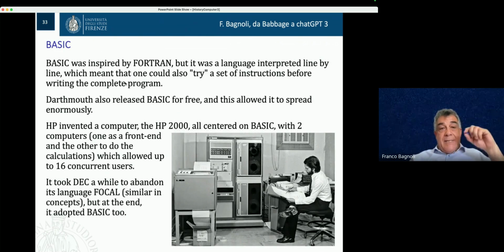And so BASIC is essentially almost Fortran, no? But instead of being compiled like Fortran, the original BASIC was interpreted line by line.